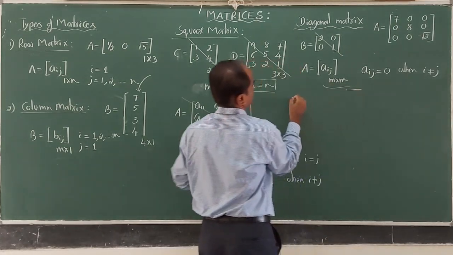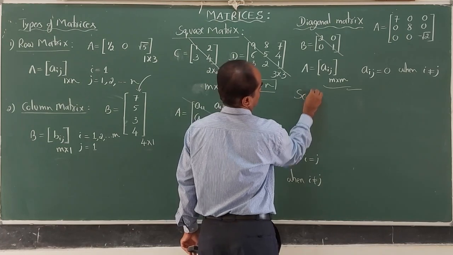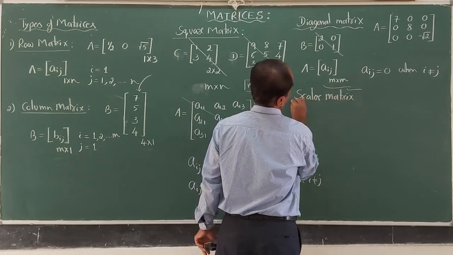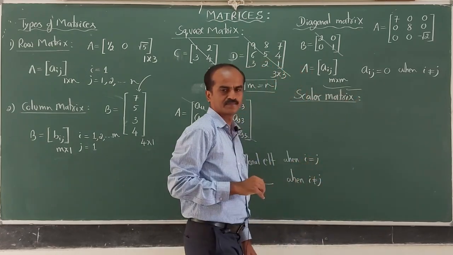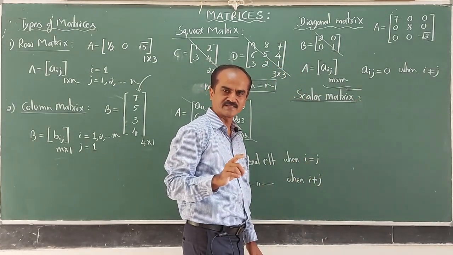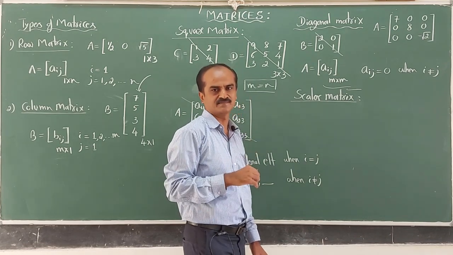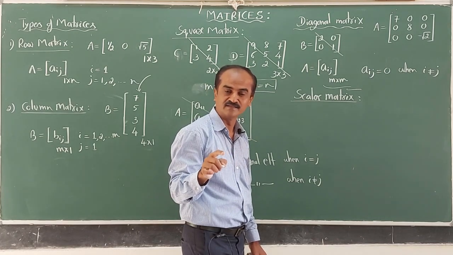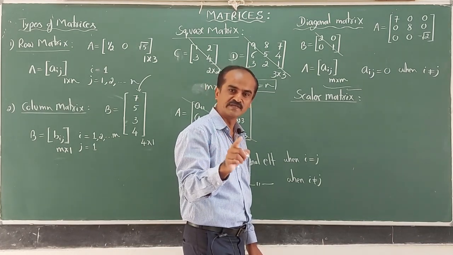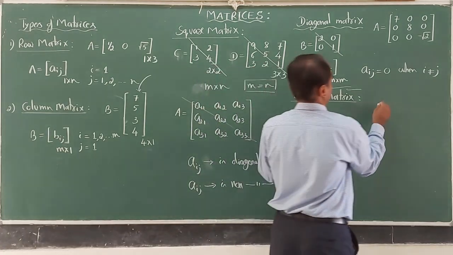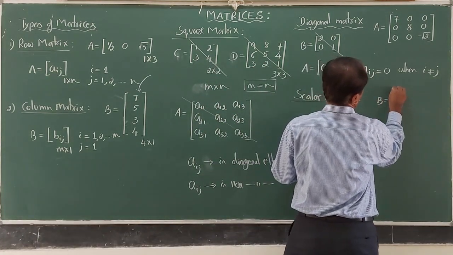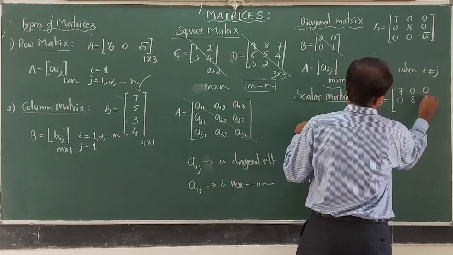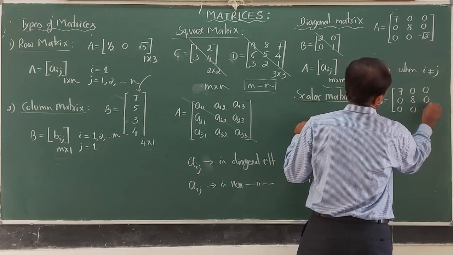Now let me take a definition of scalar matrix. Scalar matrix is a diagonal matrix in which each diagonal element must be equal. That is, say I write B equal to 7 0 0 0 8 0 0 0 minus root 2.